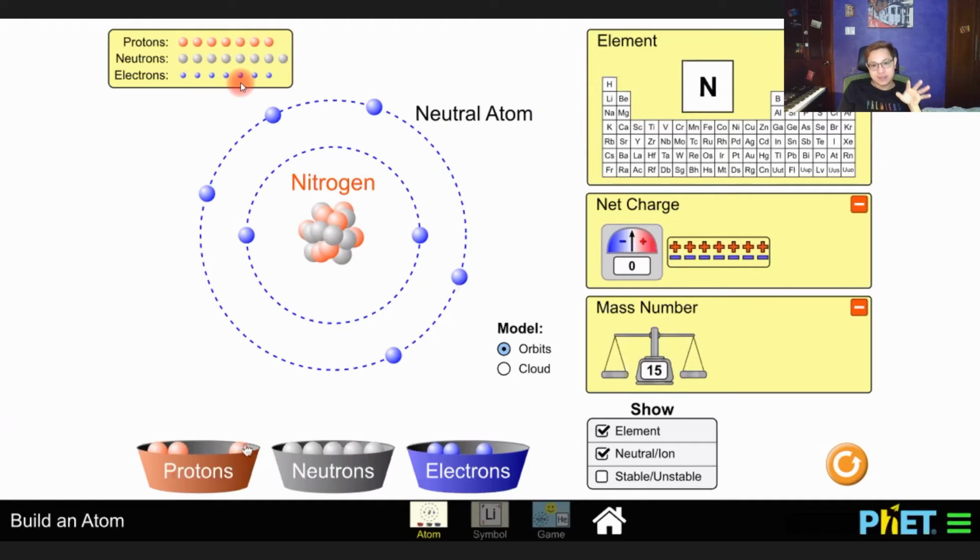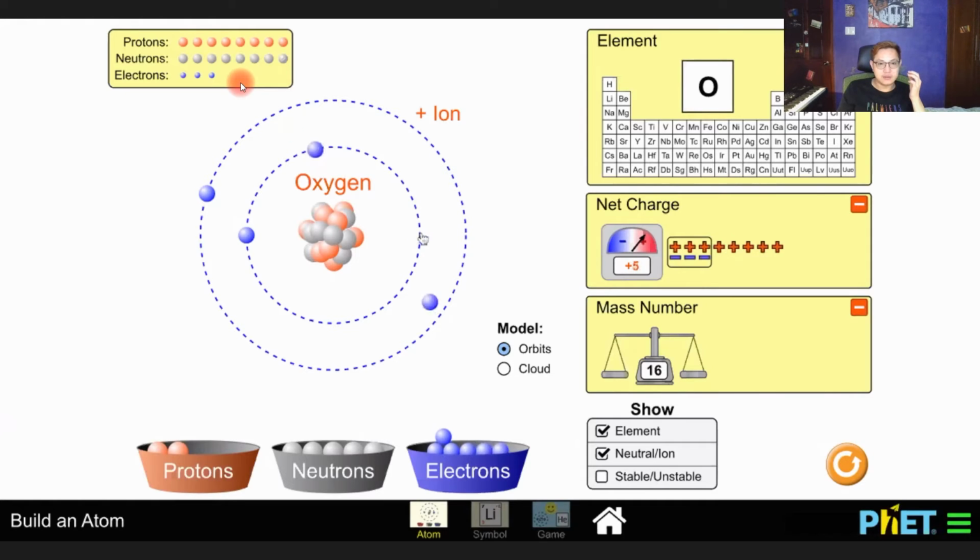Something to keep in mind here: if you change the number of electrons outside, the name of the atom will remain the same, but it becomes a negative or a positive ion only. Try it. If you manipulate the electrons alone, you can see that it changes the net charge. The ion is basically still oxygen.